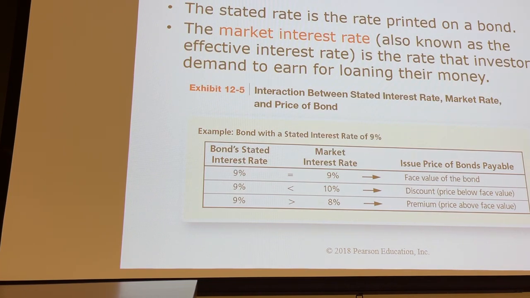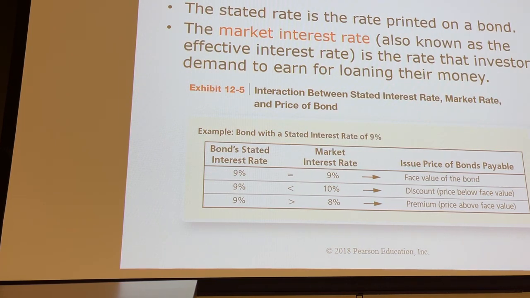So if a bond's stated rate of interest is 9%, and the market rate of interest at that point in time is 9%, then the issue price of the bond will be the same as its face value, likely $1,000. Likewise, if it's trading in the secondary market, the price that it's trading at will probably be $1,000.